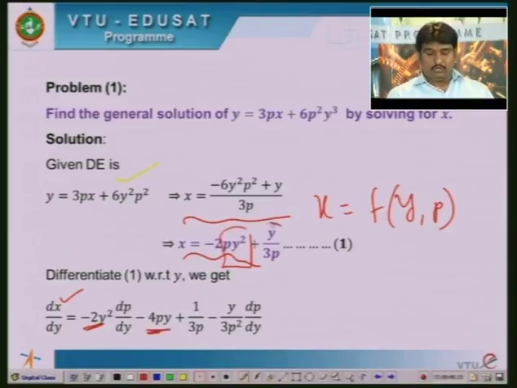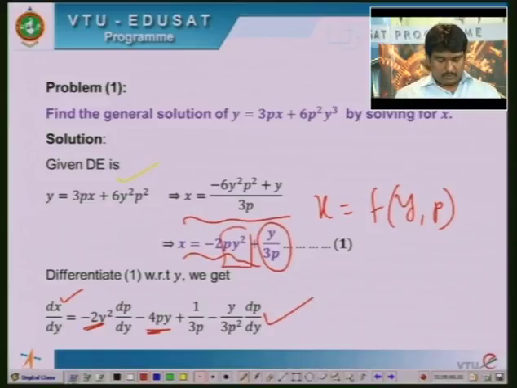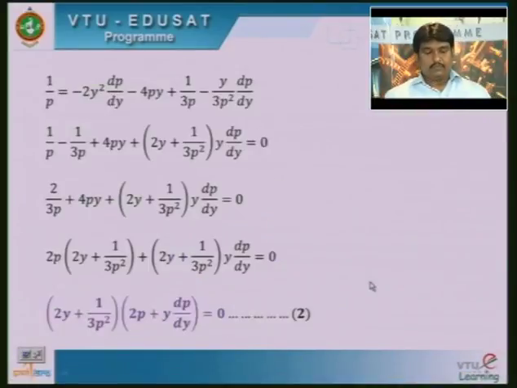Next, differentiate this with respect to y. For y/3p, the derivative of y is 1, minus y into the derivative of 1/x, which is -1/x². So the derivative of 1/3p is -1/3p² times dp/dy.